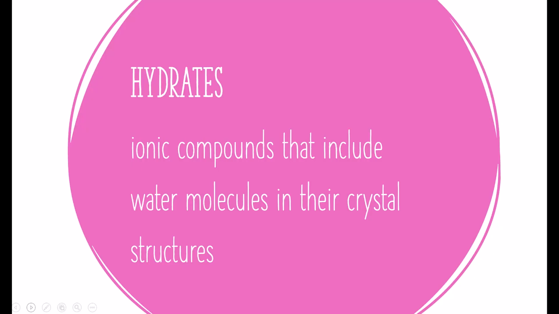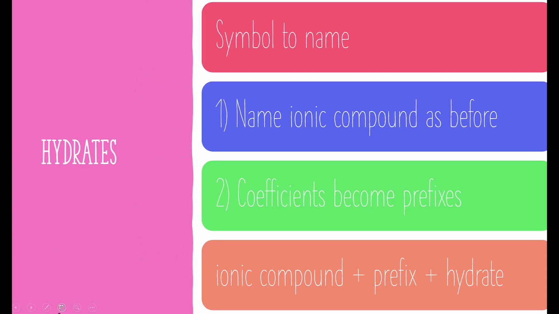Hydrates are ionic compounds that include water molecules in their crystal structure. You will use the same rules for ionic compounds, but we're going to use the prefixes that we learned for covalent bonds. From symbol to name, name ionic compounds as before. Find the name of the metal and write the name as is.